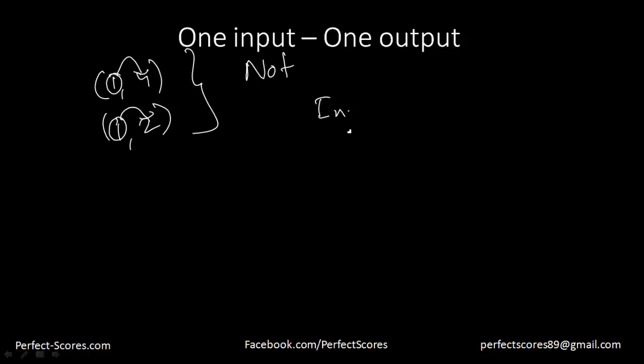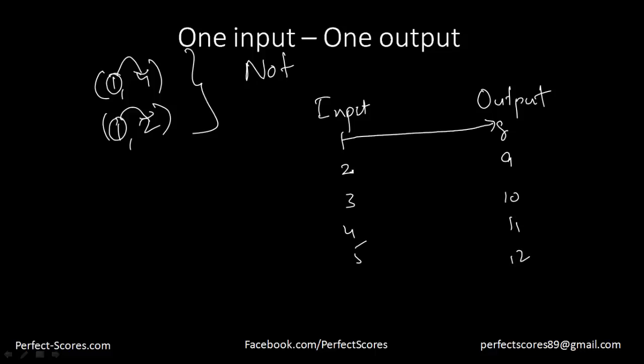So if I have inputs on the left hand side and outputs on the right hand side, there has to be only a single line on this side. However, there can be multiple lines like this on the other side.